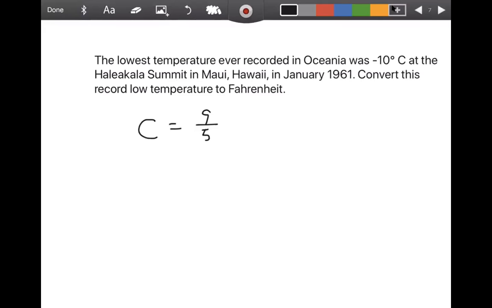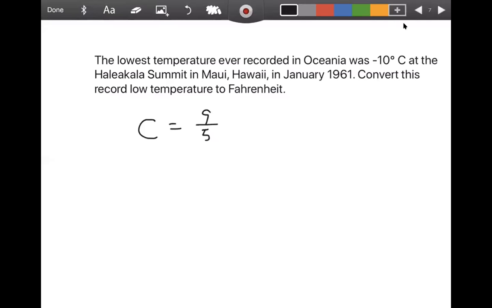Now I'm second guessing myself. Okay, I almost had it. That's supposed to be the F. F equals 9/5 C plus 32. And I don't exactly know why I never put this formula on the list at the beginning. But anyway, here it is.